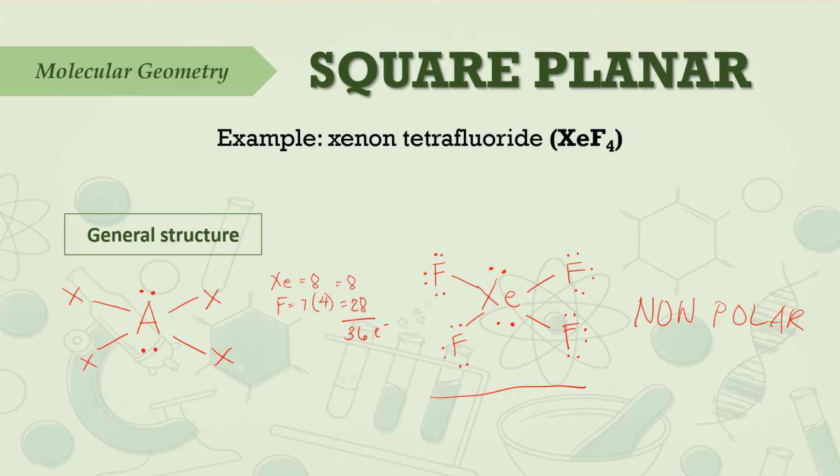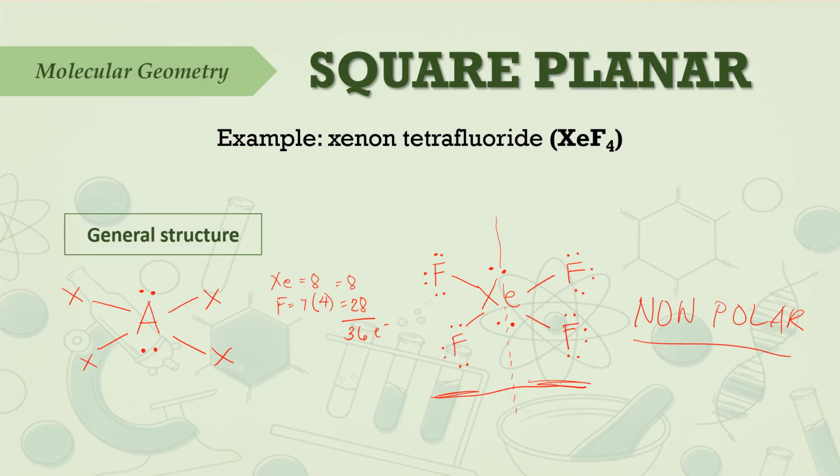An exception here is that if there is an even number of lone pairs, we must check the structure properly. And since the square planar also is symmetrical in structure, if you are going to divide this into two, both sides are the same or they are symmetrical. This makes square planar a non-polar geometry.